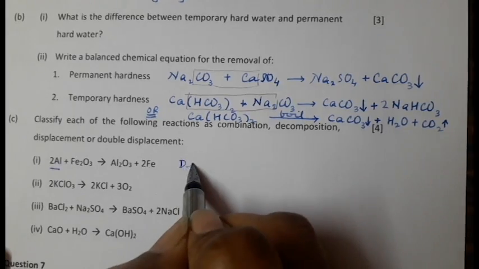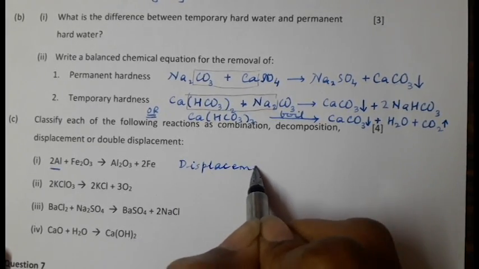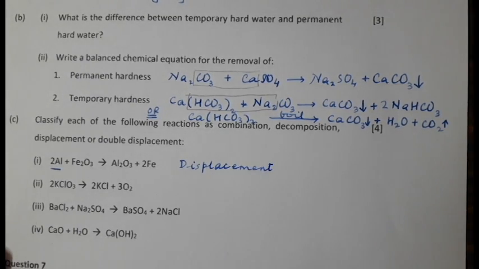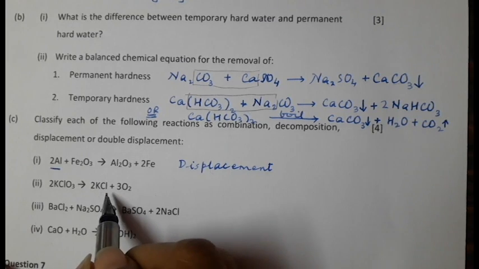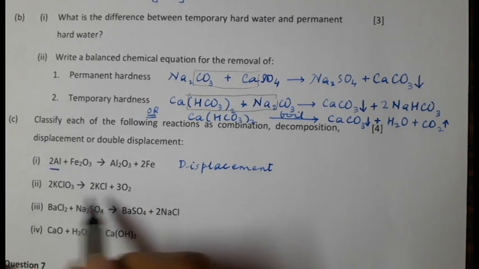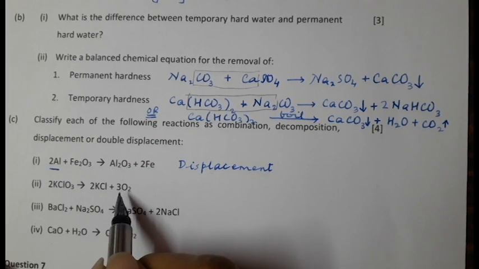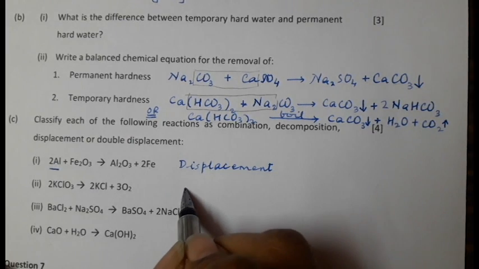So this is a displacement reaction. Next one, 2 KClO3 gives you 2 KCl plus 3 O2. Here you can see one compound has split into two compounds, and that is why we will have decomposition.